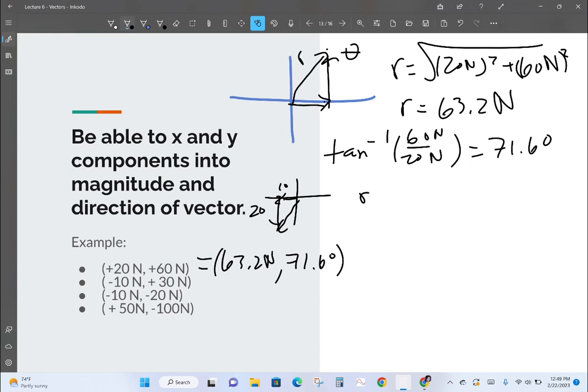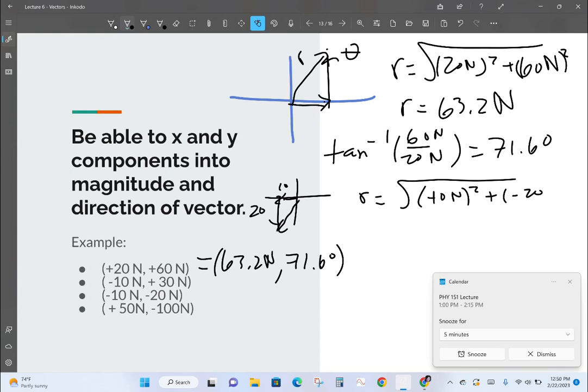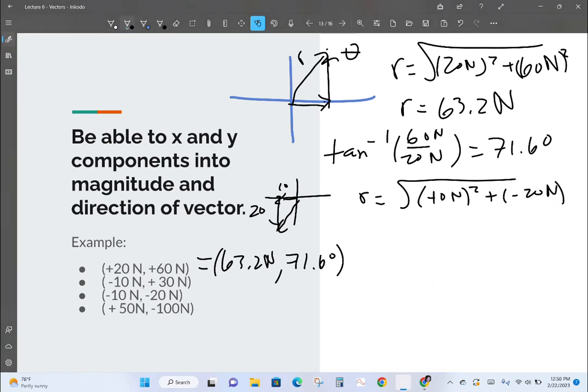So I'm just going to find r, which is the square root of -10 newtons squared plus -20 newtons squared. I'm going to square root all that. I should get the square root of 500, which is 22.4 newtons. So I'm not dropping my units on the answer.